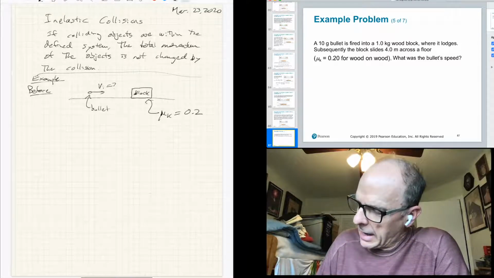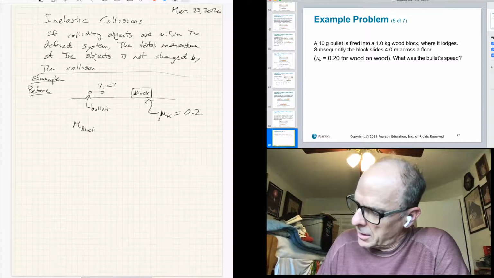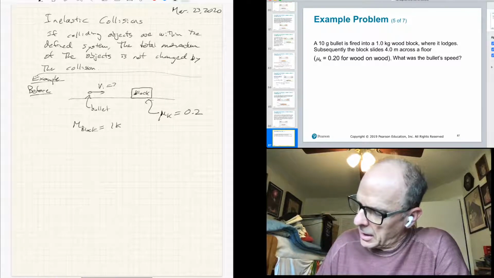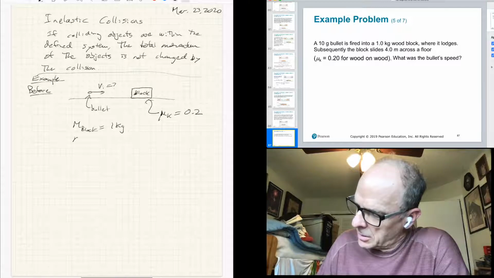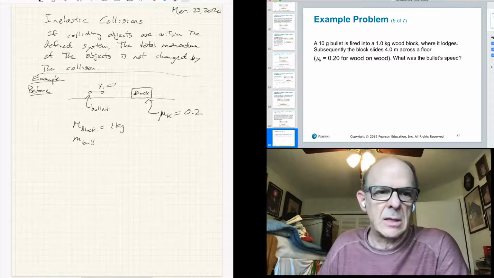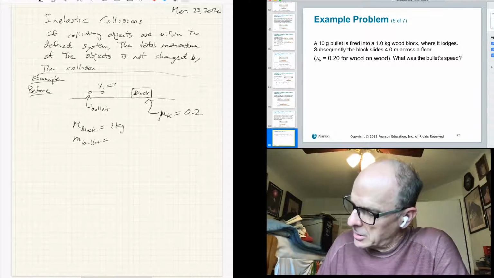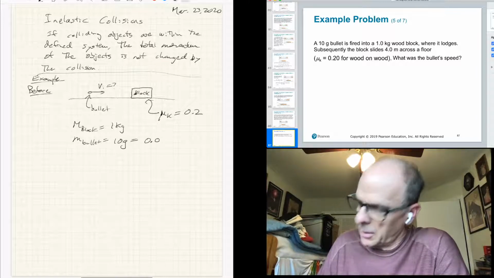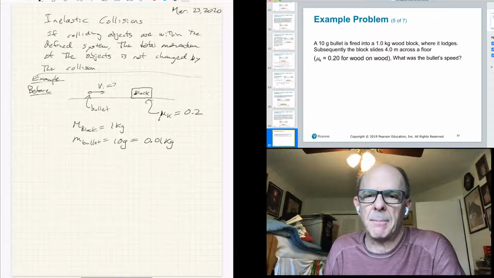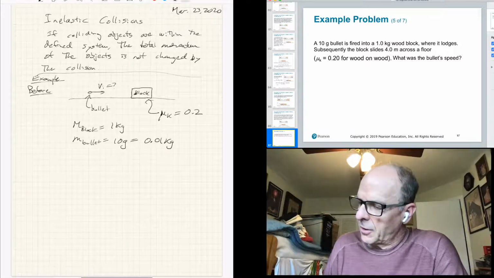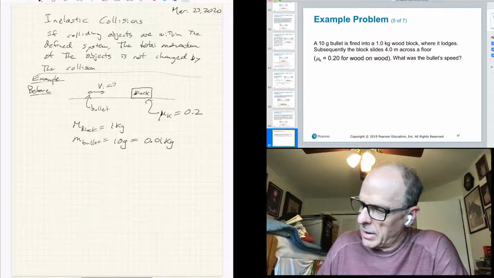We're told that the mass of the block is 1 kilogram and the mass of the bullet is 10 grams, which is 0.01 kilograms. That's the unit conversion for that. And so what we know is that momentum is conserved.